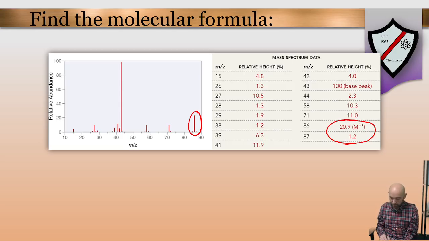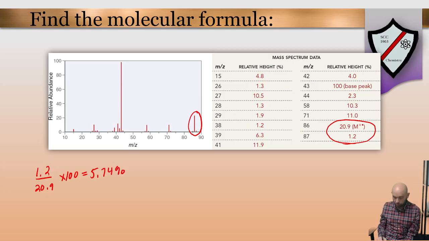The way we do that is we take the 1.2 and divide it by the 20.9 and multiply by 100%. So 1.2 divided by 20.9 times 100 equals 5.74%.